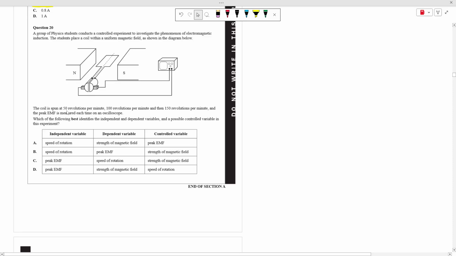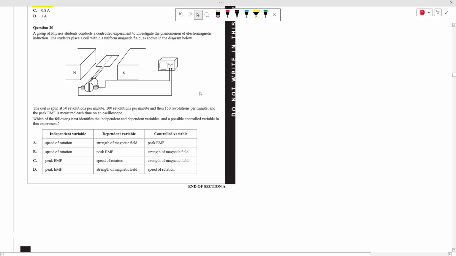The coil is spun at 50 revolutions per minute, 100 revolutions per minute, and then 150 revolutions per minute, and the peak EMF is measured each time on an oscilloscope. Which of the following best identifies the independent and dependent variables and a possible controlled variable in this experiment?